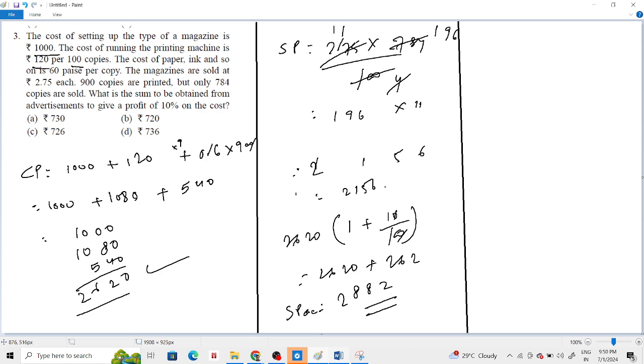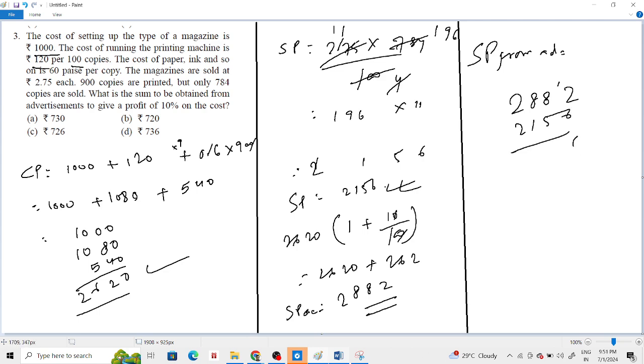But without advertisement my SP is coming this much. So what is the sum to be obtained from advertisement? So SP from advertisement is 726.